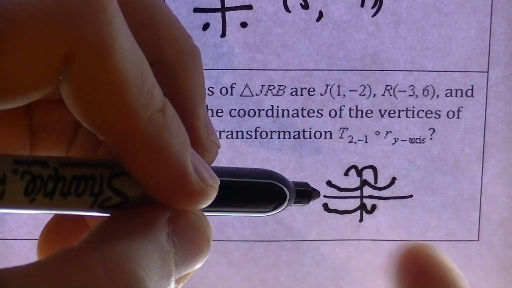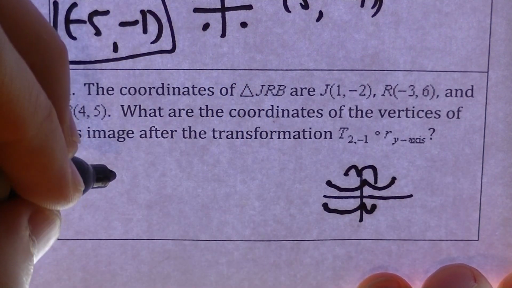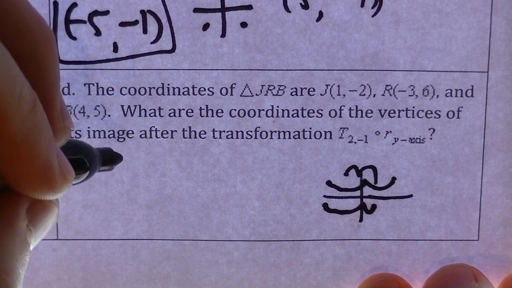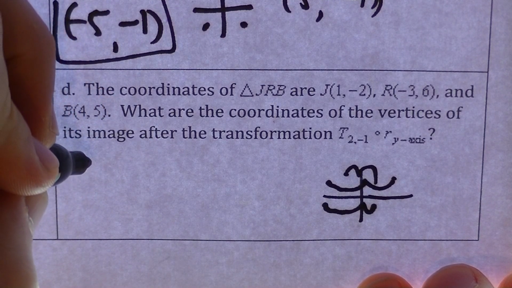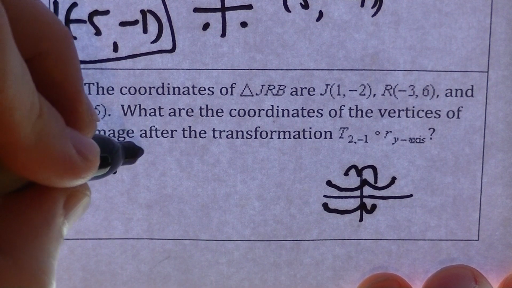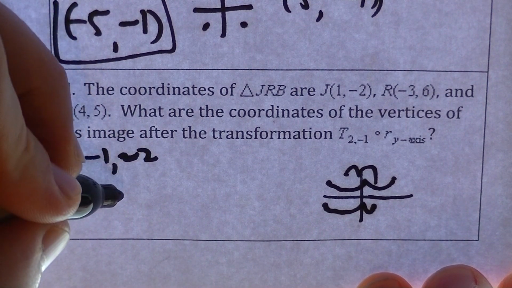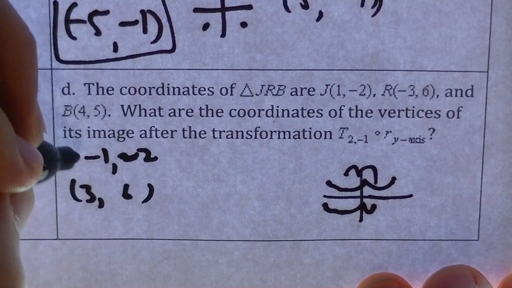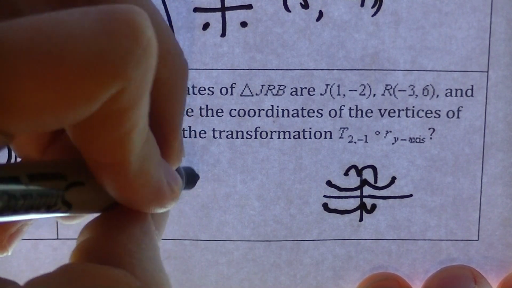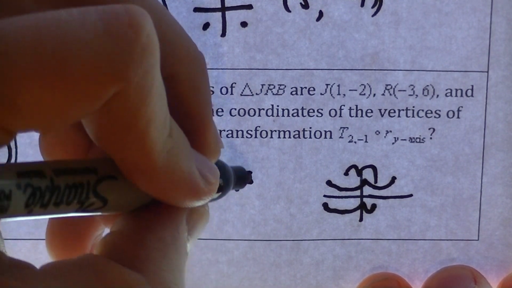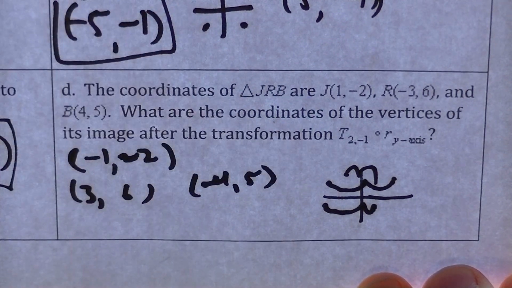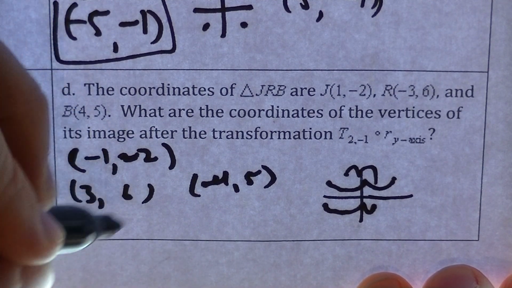It looks like my x-coordinates are all changing to become the opposite of what they started out with. So I'm going to end up at (-1, -2), (3, 6), and (-4, 5).